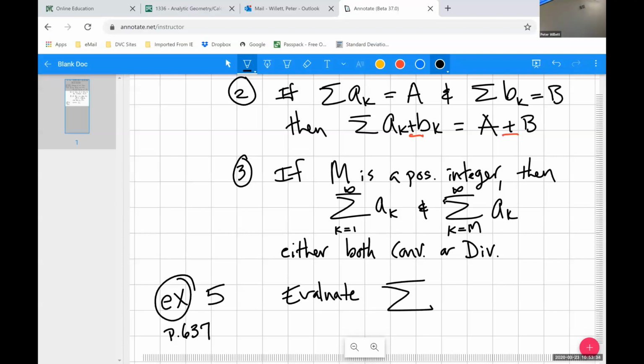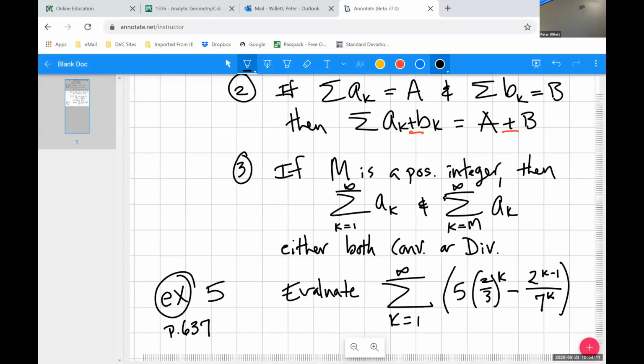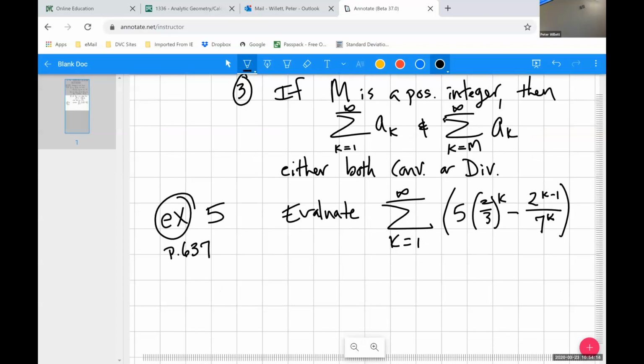So this is the series as k goes from 1 to infinity of 5 times 2/3 to the k minus 2 to the k minus 1 divided by 7 to the k. Doesn't that look fun?